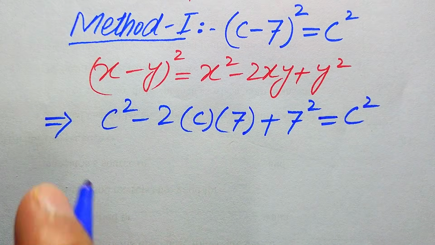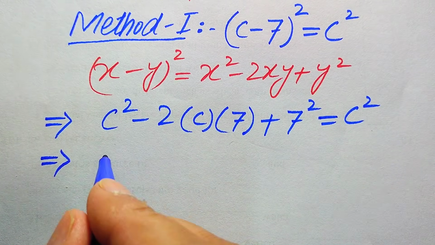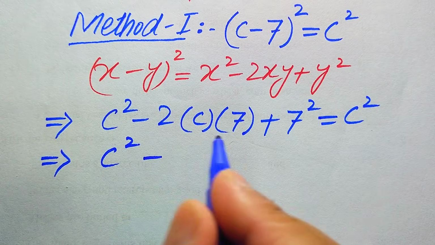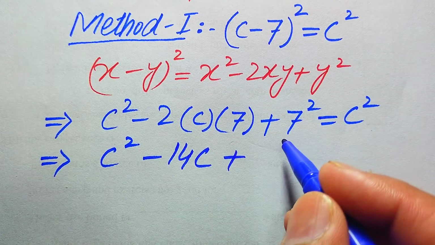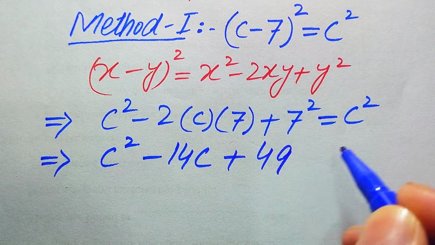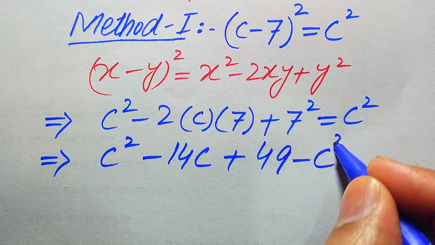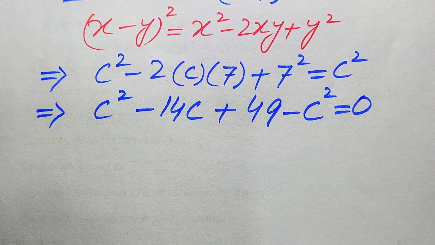And further in the next step we need more simplification, and we move the value c square from the right hand side to the left hand side, and we obtain: 2 times 7 becomes 14c, plus 7 square becomes 49, and plus c square. When we move it to the left hand side it becomes minus c square, and this whole equation is equal to 0.